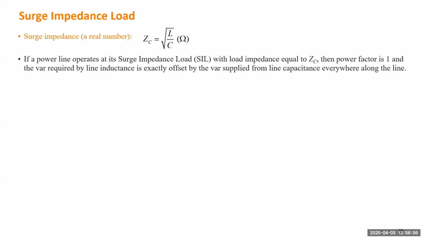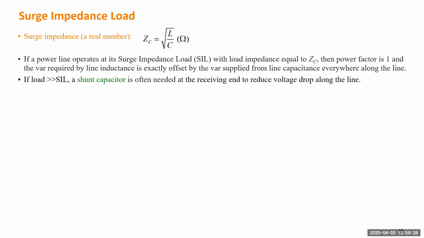This is a very important index to judge under what condition I really need to bring in those compensators, either reactors or capacitors. If a power line operates at the surge impedance load, with load impedance equal to ZC calculated by that formula, and power factor is 1, the VAR required by the line inductance is exactly opposite to the VAR supplied by the line capacitance everywhere along the line.